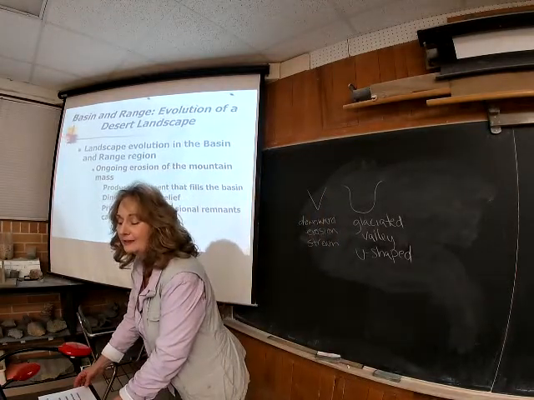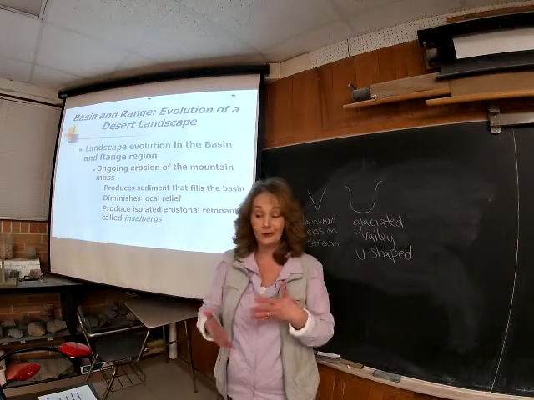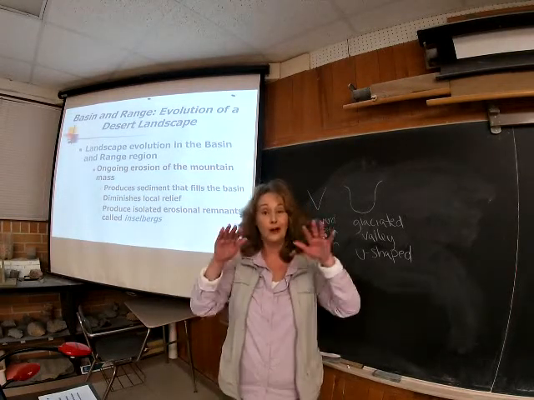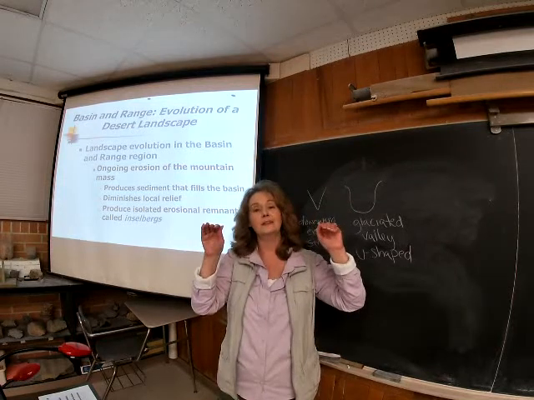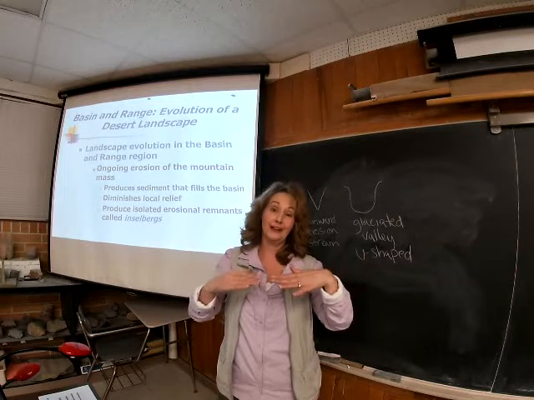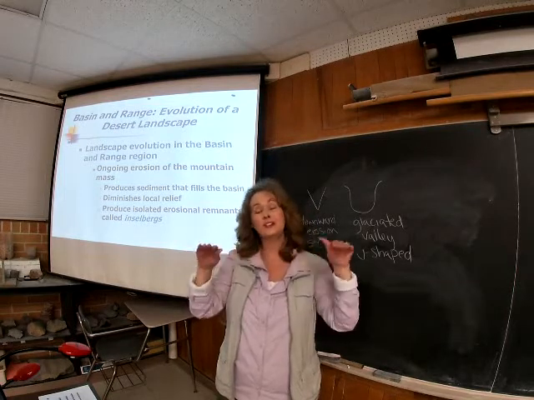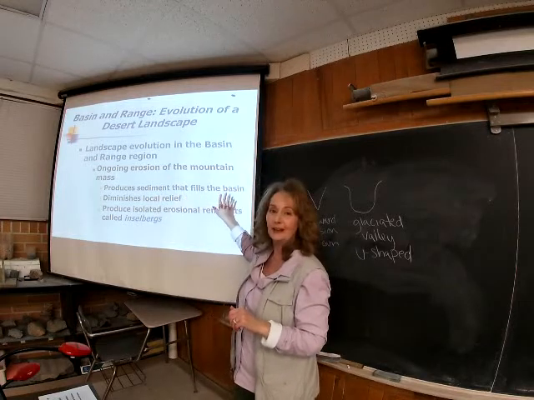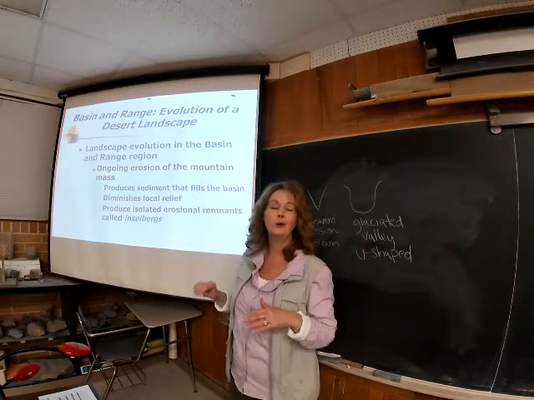So the landscape evolution of the basin and range region over time: if you continue to get ongoing erosion of your ranges or mountains, you're eroding those down, and all the while you're filling in your basins. Eventually it produces sediment that fills the basin, and this will diminish the local relief.